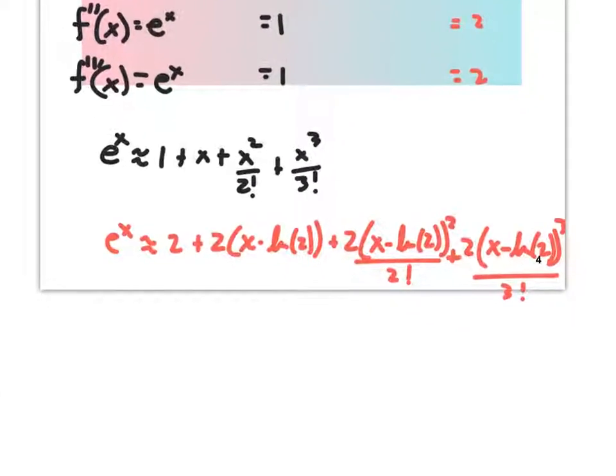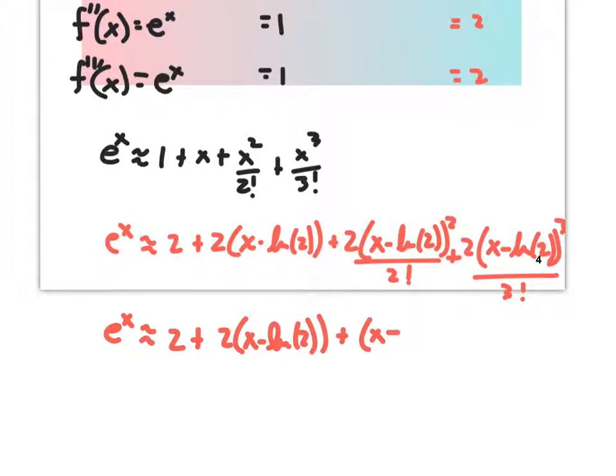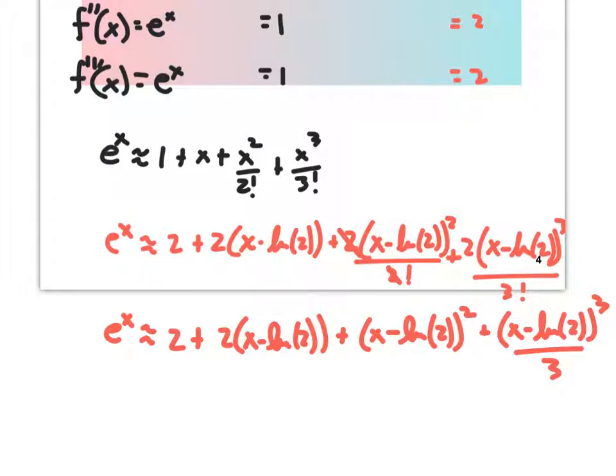We could clean that up a tad bit. e to the x would be 2 plus 2 times x minus natural log of 2, plus x minus the natural log of 2 squared, right? These two would cancel, plus x minus the natural log of 2 cubed over 3. Pretty cool stuff.